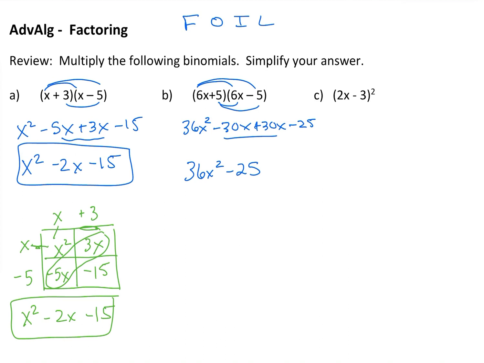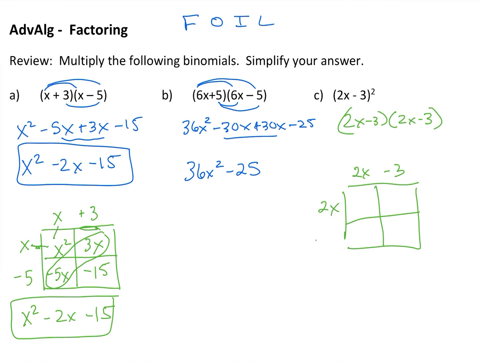And then this last one, we see that we have the same factors there. So we're just going to write them twice because exponents are not distributive. Multiplication is. I'm going to do this one with a box just to show that one again. On the outside, I'm going to put a 2x minus 3, and I'm going to do the same thing the other way since they're identical.